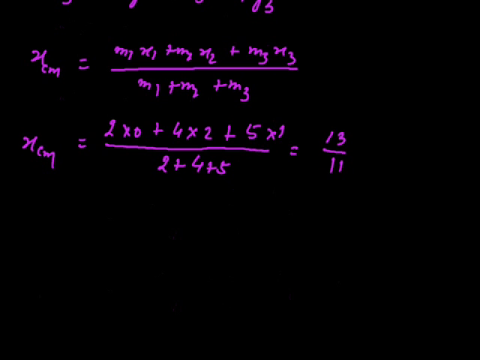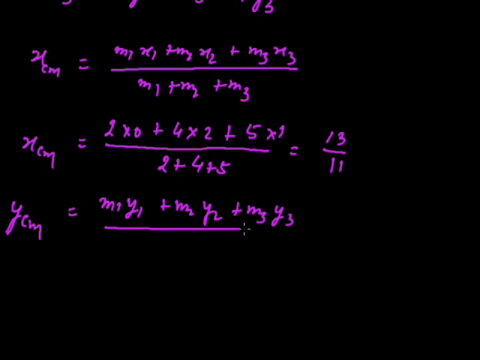Now the y coordinate, ycm will be m1 y1 plus m2 y2 plus m3 y3 divided by m1 plus m2 plus m3, which is 11.